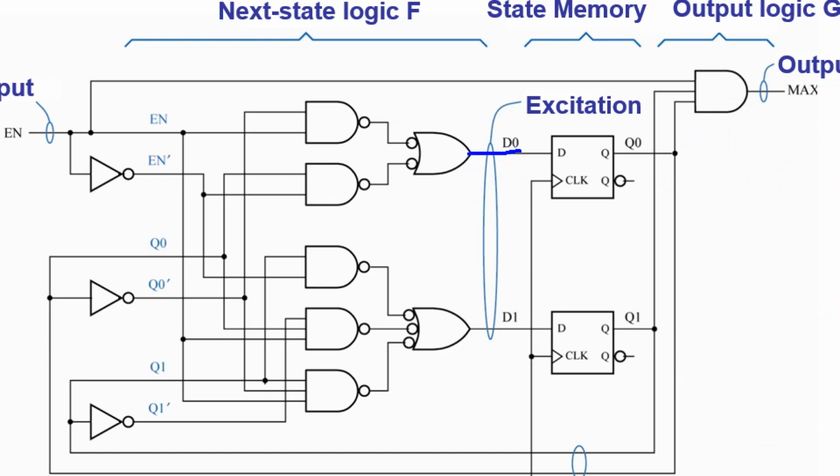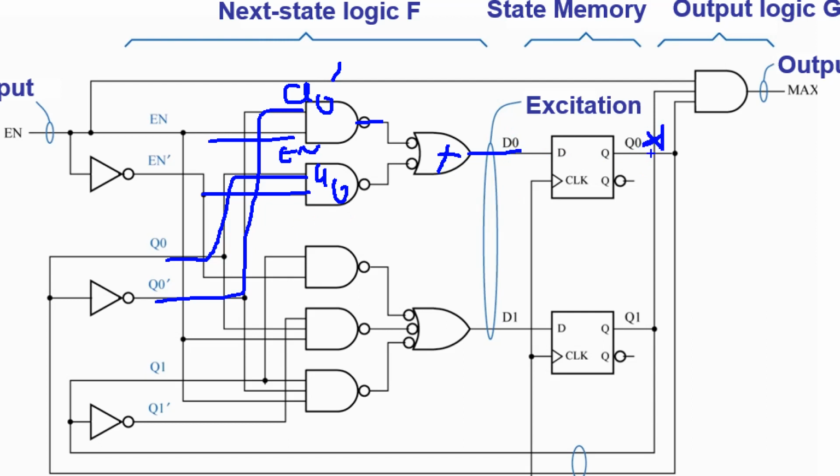So D0 is Q0 prime and EN plus EN prime and Q0. Okay, this is the equation for D0. That means Q0 star equals Q0 prime and EN plus Q0 and EN prime.